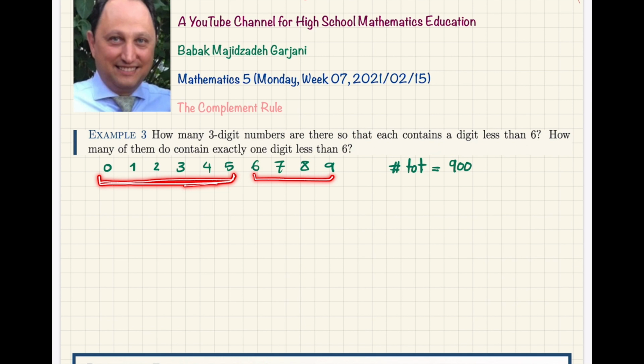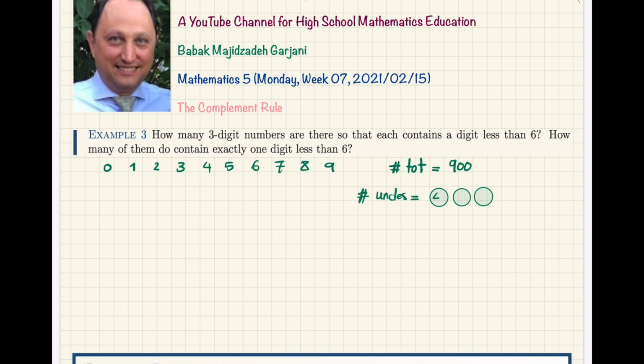So I am counting the total number of items that are only constructed using these numbers. If you take these numbers away, what is left contains at least one of these elements, yes? So the number of undesired ones is equal to, I have a 3-stage task, but I am using only these last 4 digits.